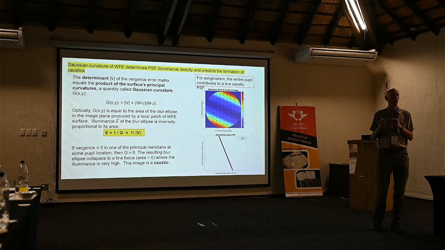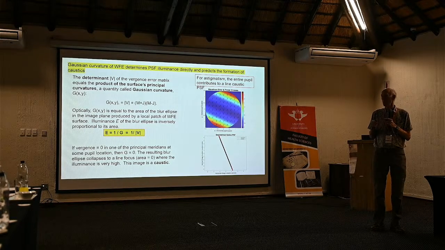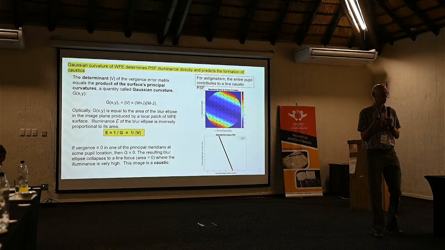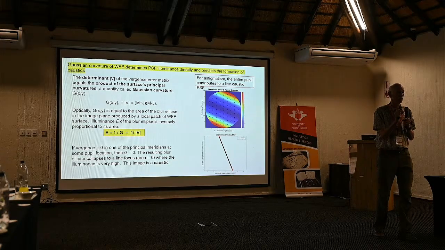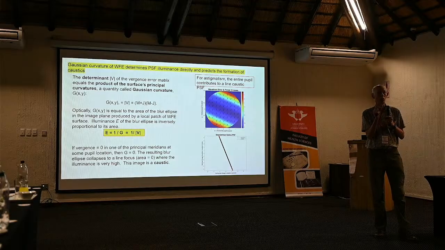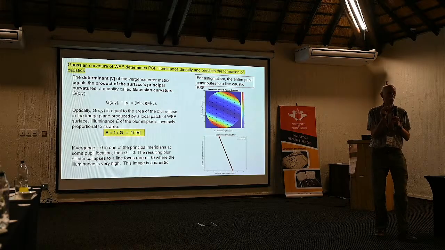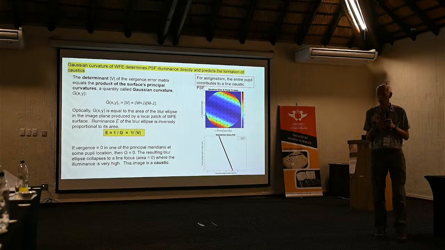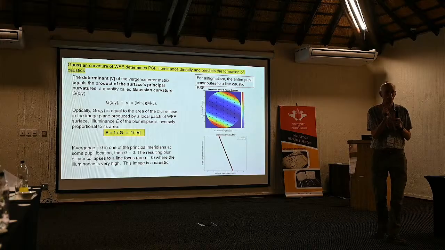But what's really good for us is that the Gaussian curvature tells you what the illuminance of the retina is going to be for every little patch of wavefront in the pupil plane. And the reason is because that Gaussian curvature tells you the size of them.